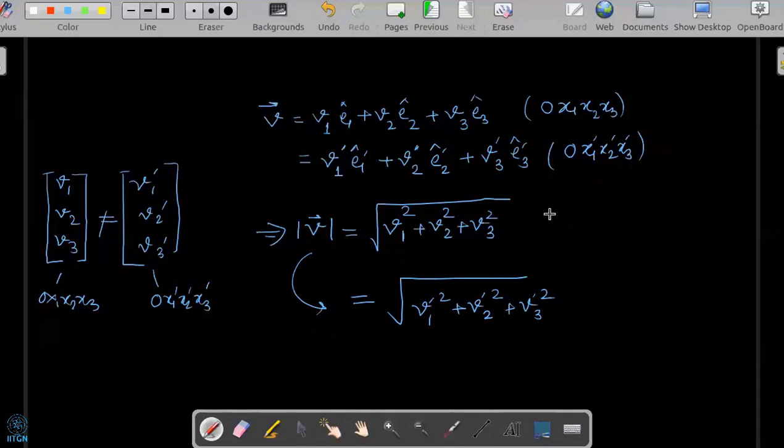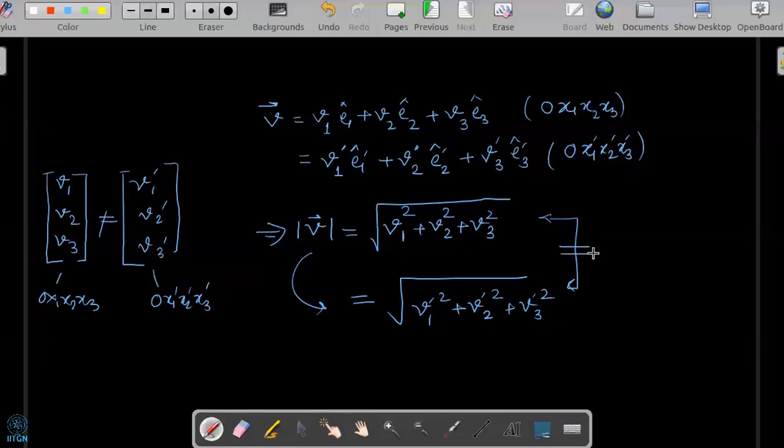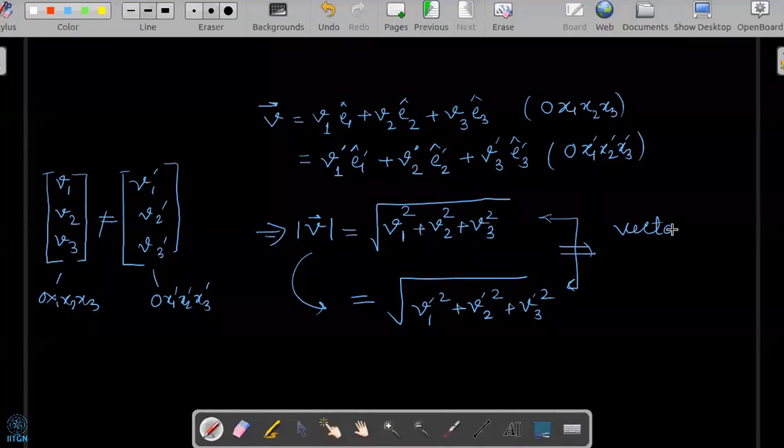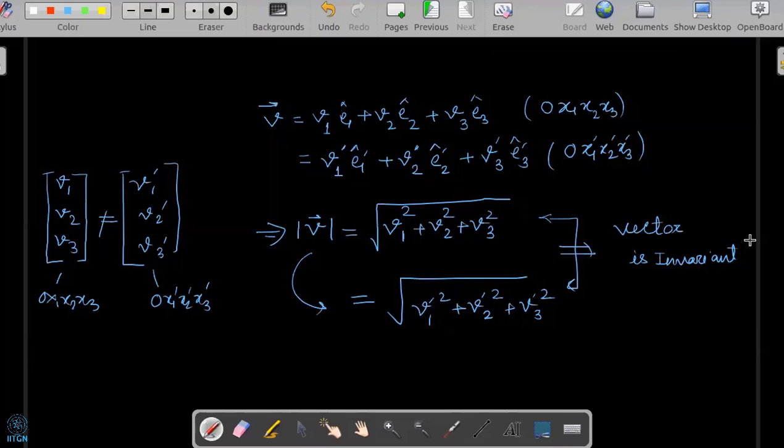This condition also tells us that the vector is invariant of the coordinate system, because its magnitude does not change. If a force is applied, the final effect, whatever the displacement or deformation, is not changed by considering a different coordinate system. The vector is invariant.